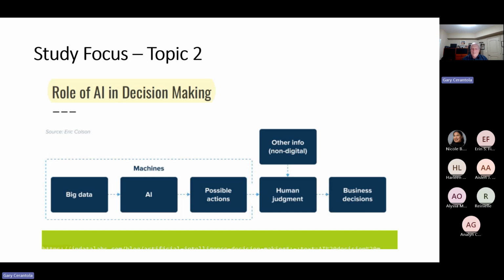It will get to possible actions, but here's where you bring in human judgment and other non-digital implications, and then you make those decisions. Here's where you play, but this is a whole piece that will replace hundreds of people.